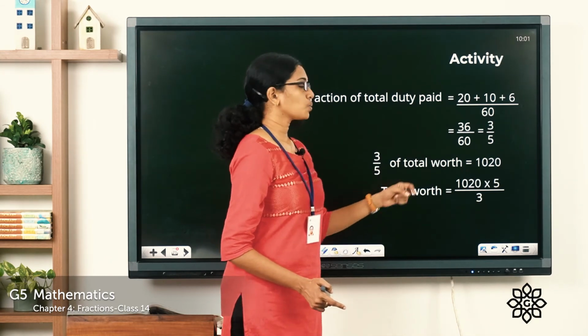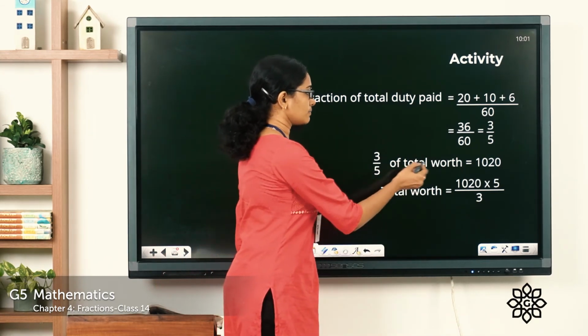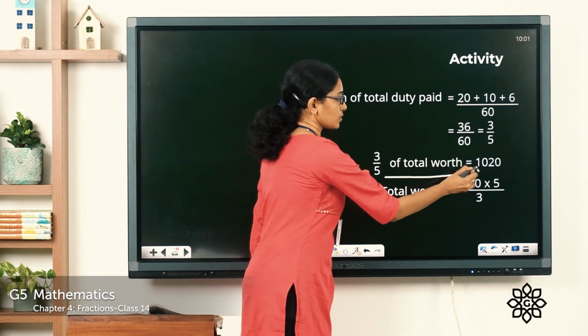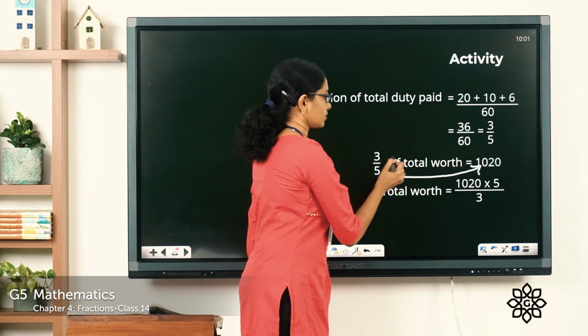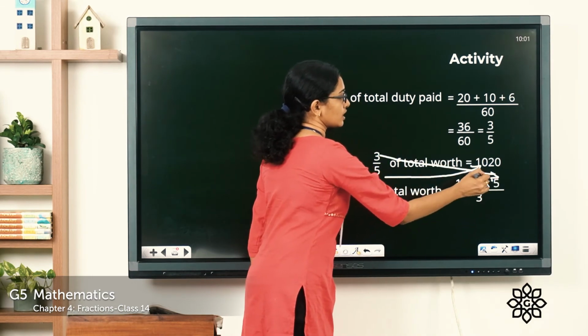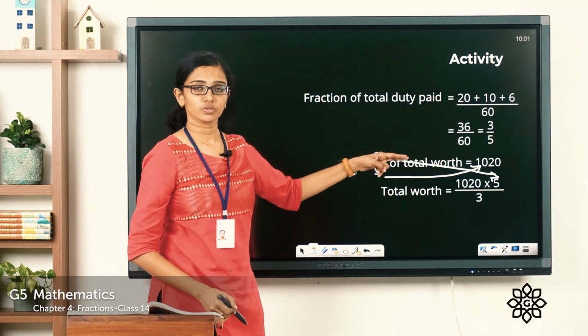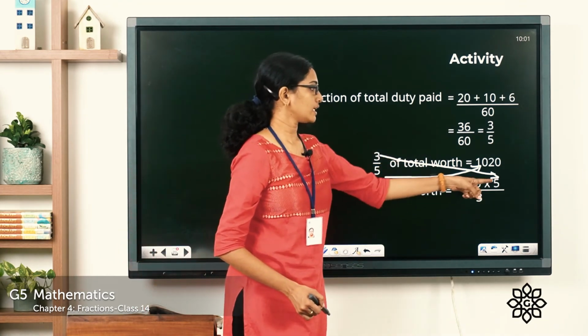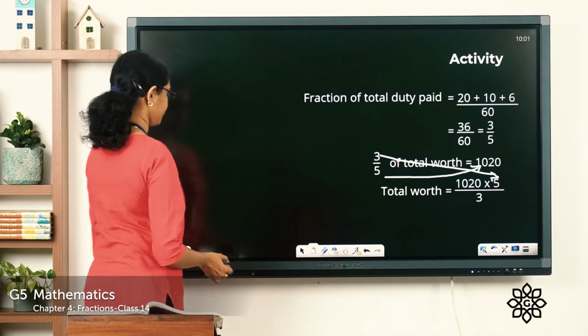So the total worth would be how much? 3/5 of total worth equal to 1020. You cross multiply 5 into 1020 by 3 into, we don't have a denominator, you can suppose as 1. So total worth would be 1020 into 5 by 3.